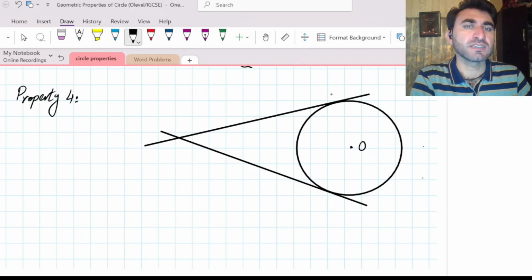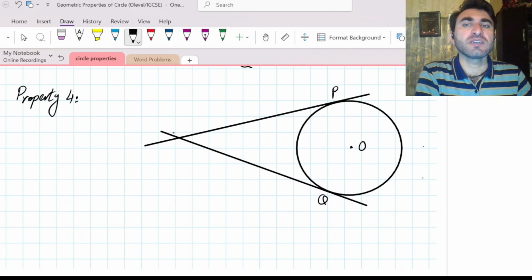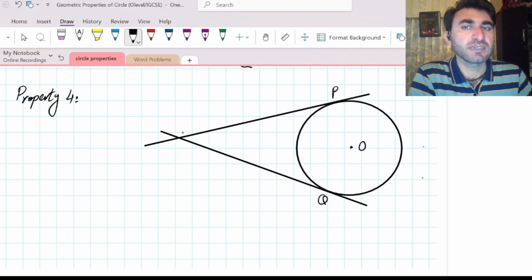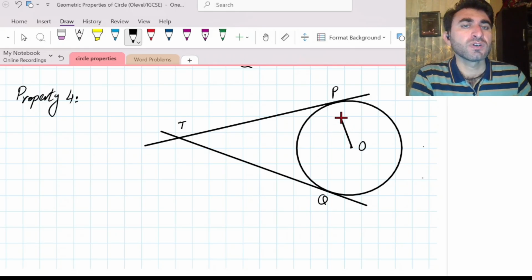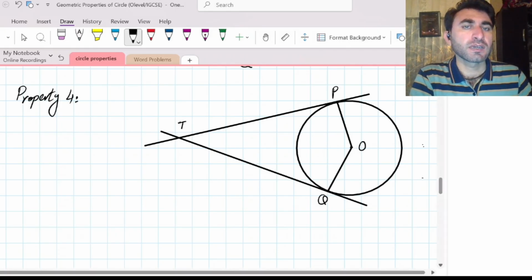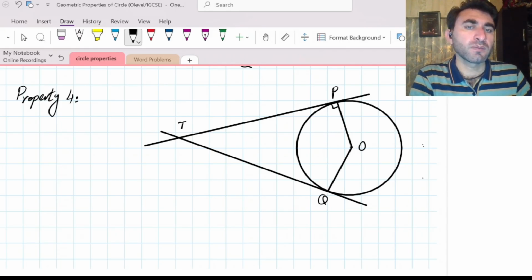Say this one is point P, and this one is point Q, and next the point of intersection, because they were intersecting tangents, let's name it point T. Now this property also involves the first property, that the radial segment and the tangent will be perpendicular, so we must draw the segments over here as well and mention that these are perpendicular.